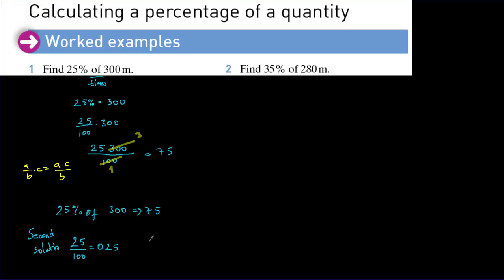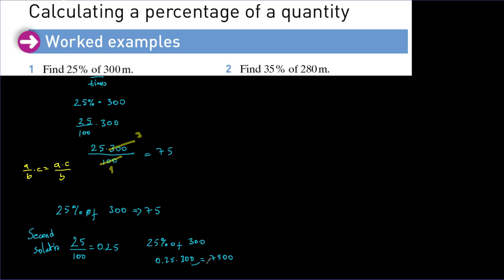So when you convert to decimal, 25% of 300 becomes 0.25 times 300. If you want to multiply a decimal number by an integer, you should multiply like there's no decimal, then count and add the decimal places. So 3 times 25 is equal to 75. And here we have 2 zeros, so 7,500.